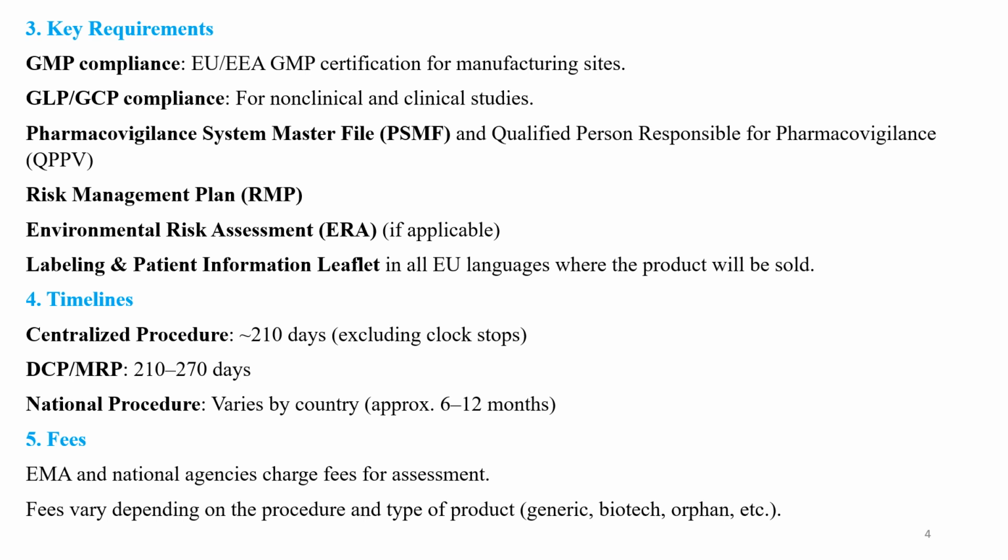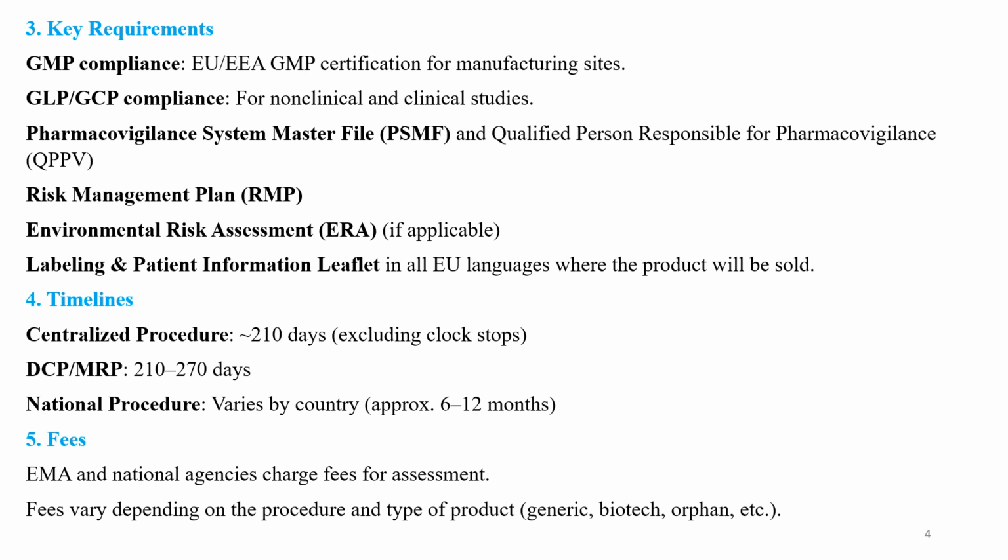Now see the timelines for the approval. For the centralized procedure, it is around 210 days excluding the clock stop, and for DCP and MRP, it is 210 to 270 days. For the national procedure, it varies by country and approximately 6 to 12 months.